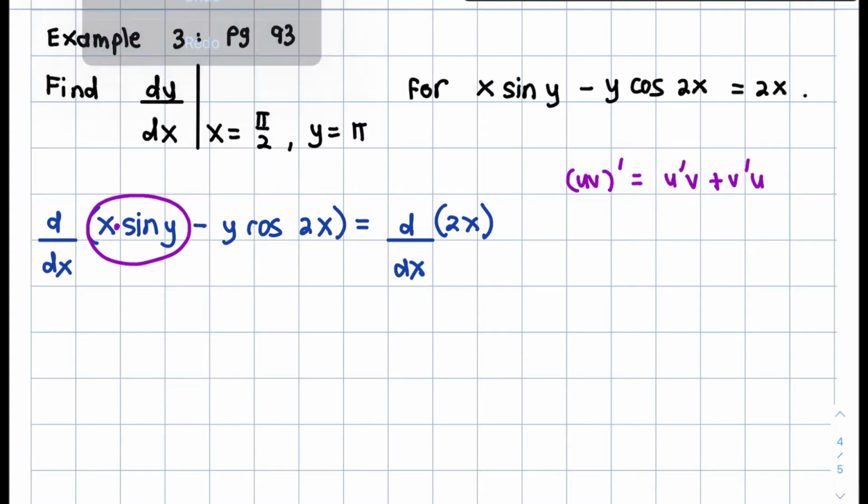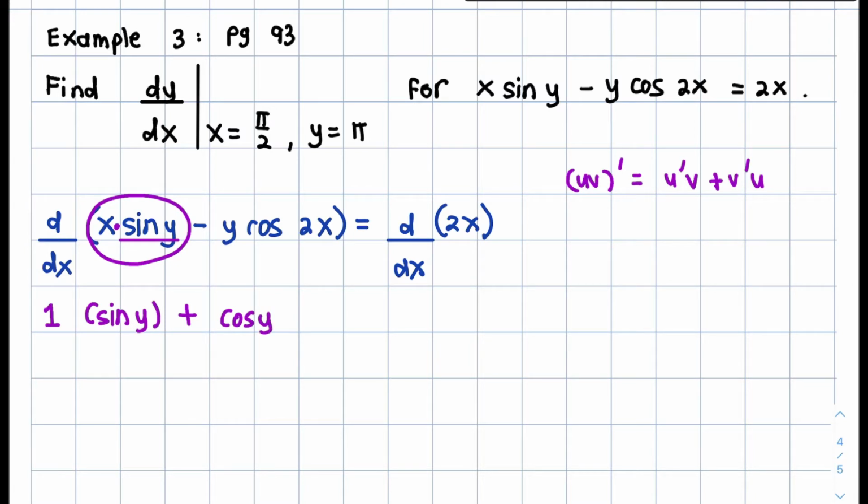Differentiate x, you will have 1. Multiply by the v, just simply multiply by sine y. That is the u prime v. Then plus v prime. Now your v here is sine y. If you differentiate sine y, you get cosine y.